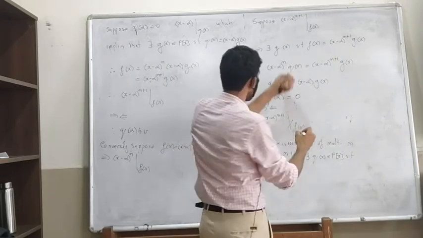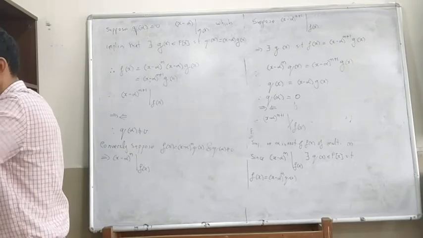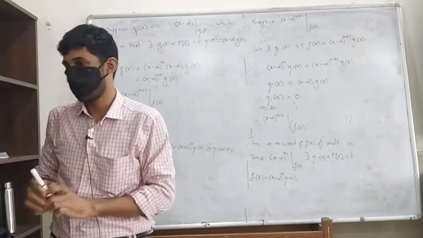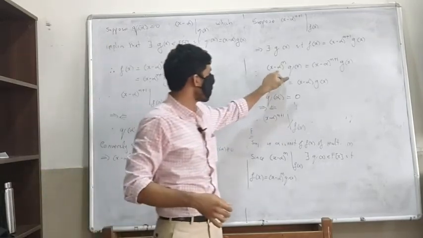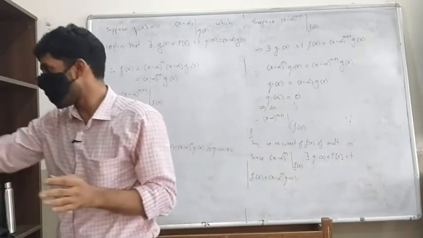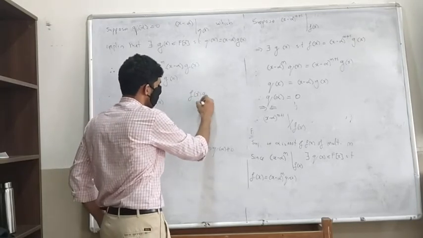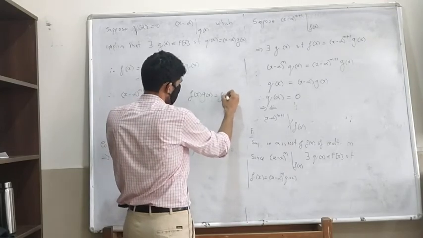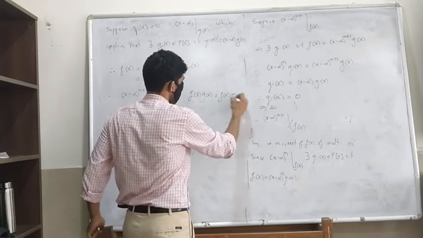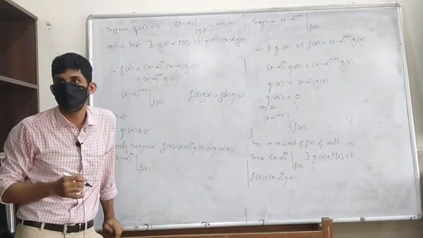Now can you tell me why we can cancel this out? How do I know I can cancel this out? So essentially you have to tell me, if I have f of x times g of x equals some f of x times q of x, why can I cancel this out and get g of x is equal to q of x?